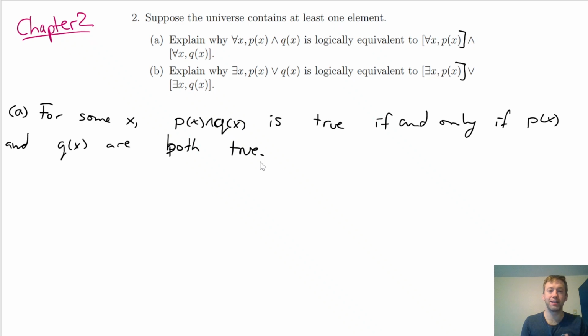And since that's the case for every single x, the only way for p of x and q of x to be true for all x is if p of x is true for all x and also q of x is true for all x.